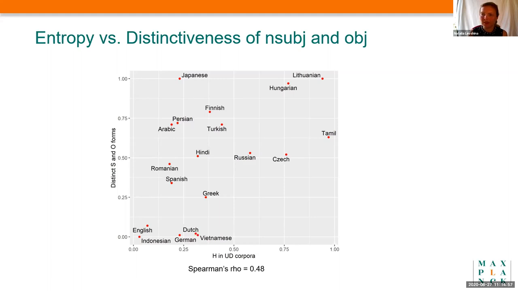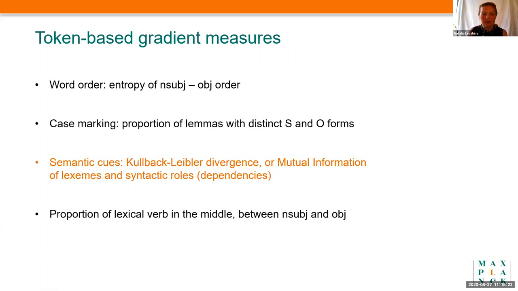It means that subject and object forms are different. And in English, Indonesian, as well as German, Dutch, and Vietnamese, the subjects and objects overlap formally. In German, yeah, I know that there are cases, but I haven't so far managed to incorporate that, because they are not marked on nouns. They are somewhere else.